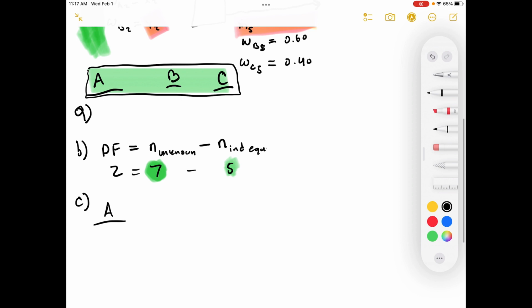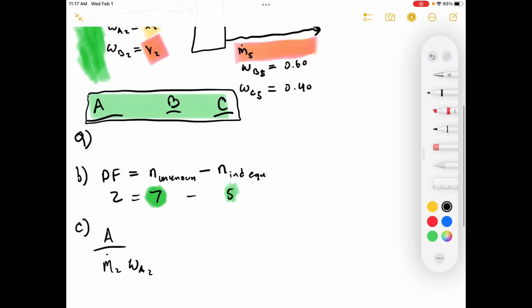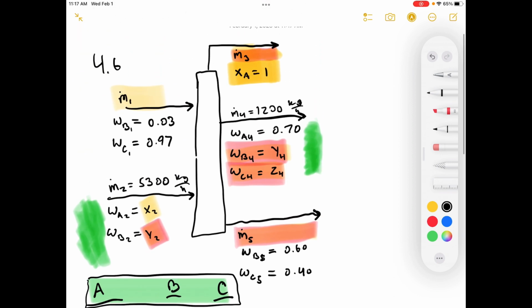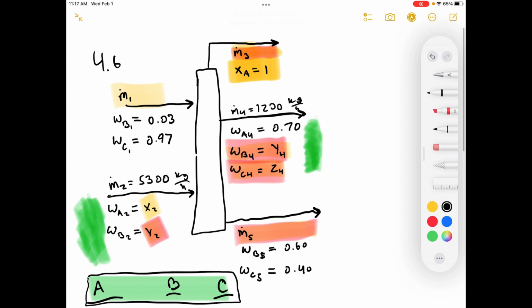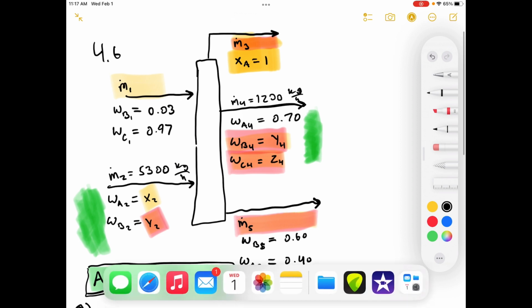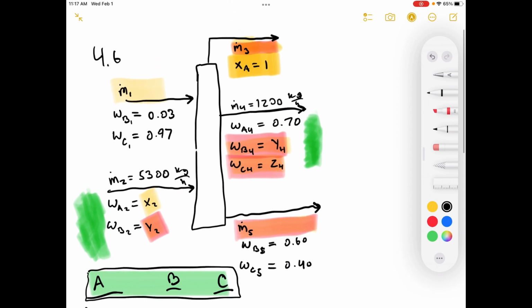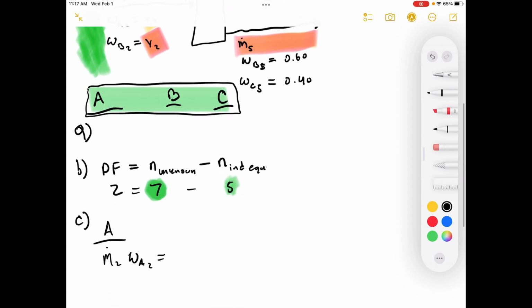So M2 times WA2 equals, the only spot where A comes out is stream 3 and stream 4. So let's do stream 3 and stream 4.